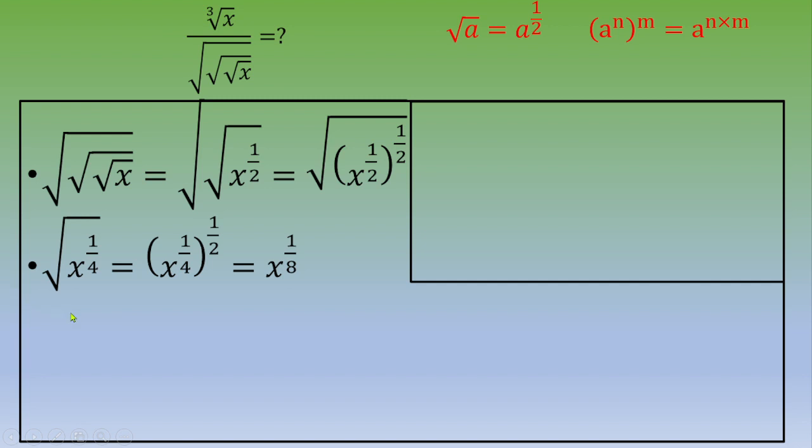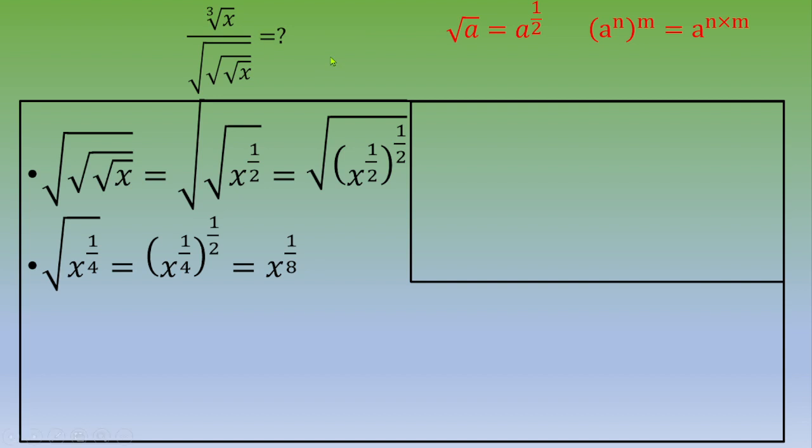So in this exercise now, you've got square root of x power 1/4. This is x power 1/4 power 1/2. So if you multiply 1/2 by 1/4, you will get x power 1 over 8. And that's it for the denominator.